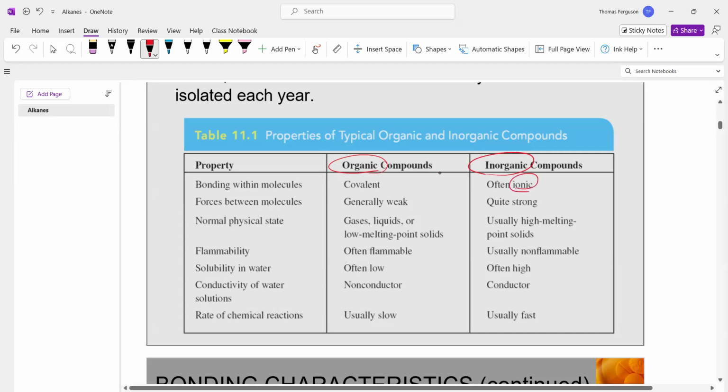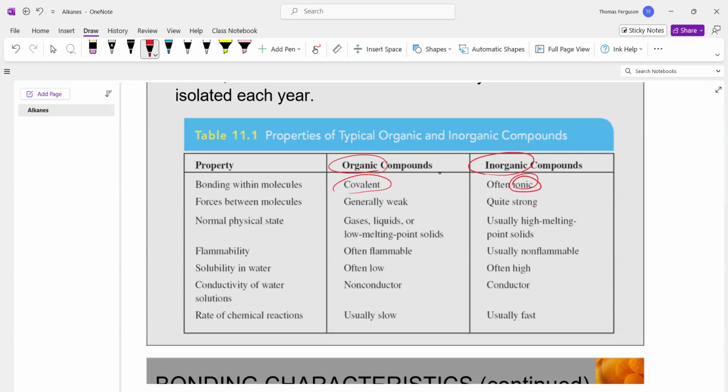Inorganic compounds tend to be ionic. That means they dissolve well in water. Organic compounds tend to be covalent bonds, meaning that covalent bonds share electrons as opposed to transferring electrons like in the ionic molecules.